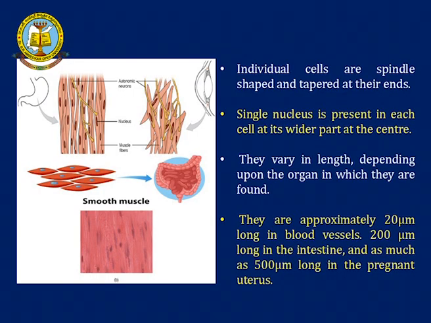Why? Because the uterus needs to stretch more to hold the baby. In this picture you can see the structure of the smooth muscle, how the nuclei are placed in the center, and in this picture we can find the smooth muscle present in the intestine.